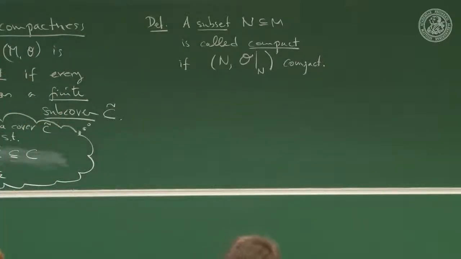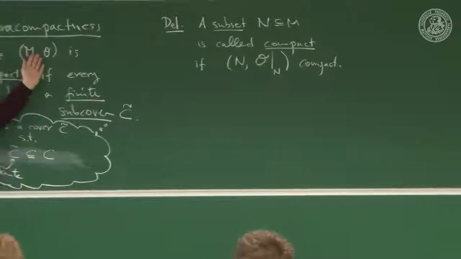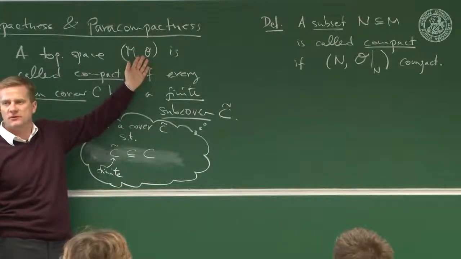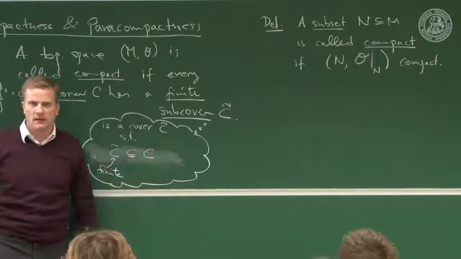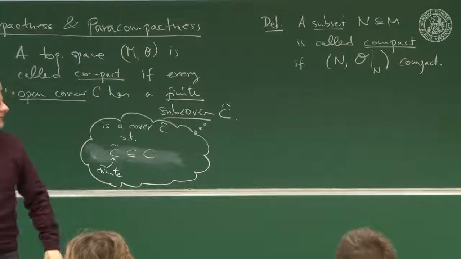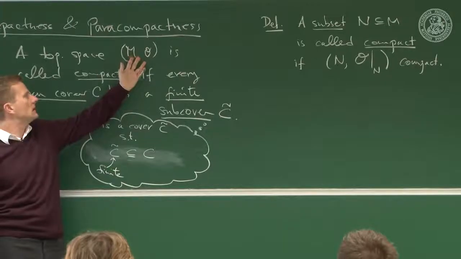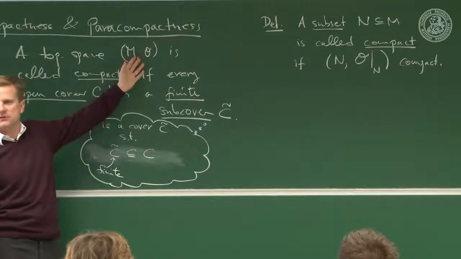Now, this cover and subcover business makes it manifest that compactness is a topological property. Any property that's defined only in terms of the topology is a topological property. In particular, if you have two homeomorphic topological spaces, they will share these topological properties.